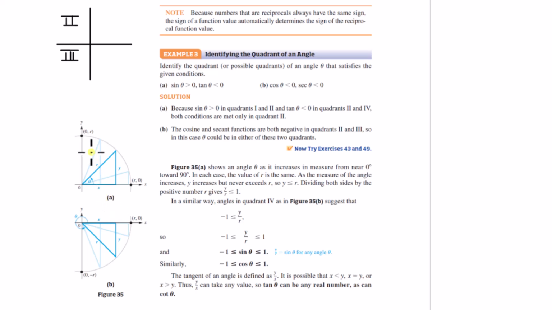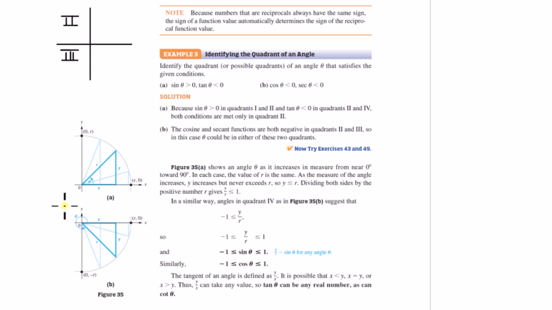They can only be equal to 1 at certain quadrantal angles. Now, they can be equal to 0, because you could have y equal to 0 divided by r at the horizontal, and x equal to 0 divided by r at the vertical. They can be equal to 0, but they can also be less than 0, because in certain quadrants you have a negative x or y value divided by the r. But they can never go less than -1, right?